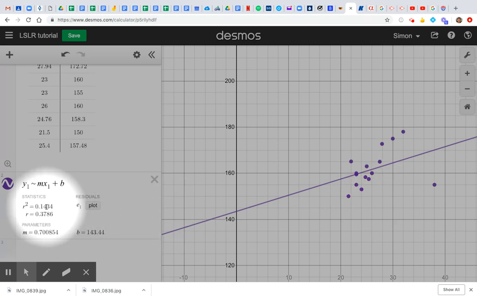Now, the R squared value is literally what you get when you square 0.37, you get 0.14. And they're kind of just two different ways of looking at the same thing, and I'm no expert in statistics. But what the R squared value tells us is percentage. So 0.14 is 14%.